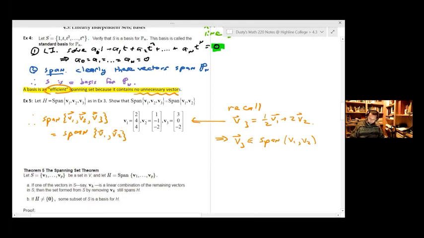And again, that's because V3 was in the span. How did I know it was in the span? I knew it was in the span because of the fact that it's a linear combination of V1 and V2.